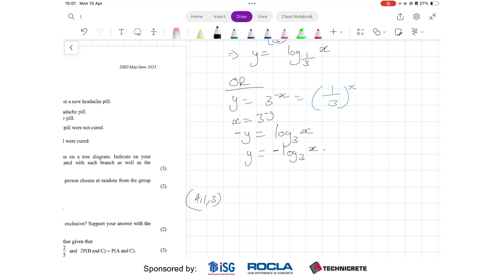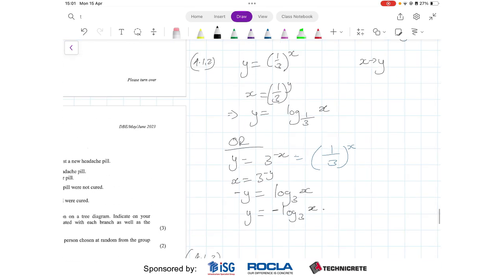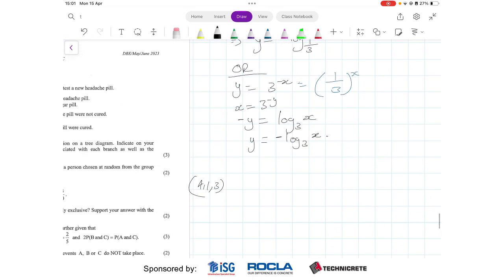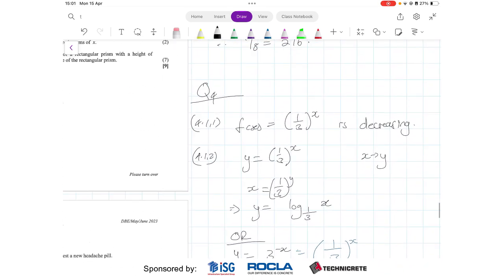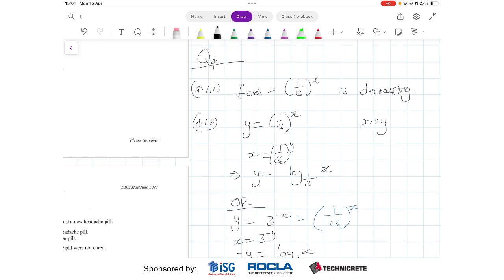The domain for this one is pretty simple because your graph is a decreasing function, but it does not equate to 0, right? Your x cannot equate to 0, because then that means your function is just 1.